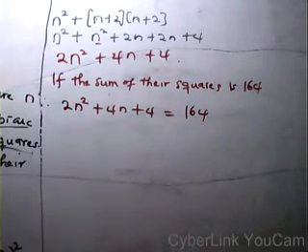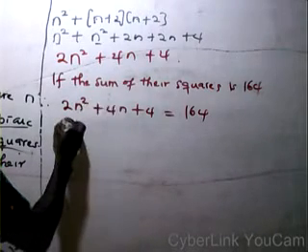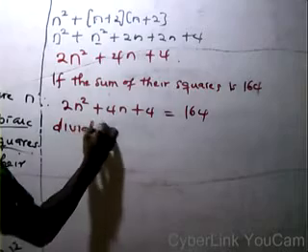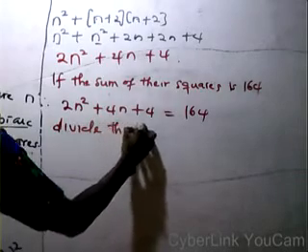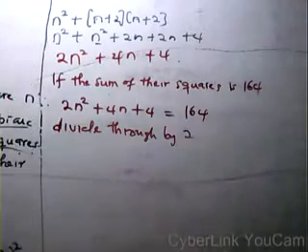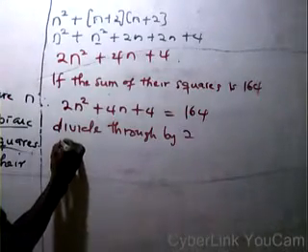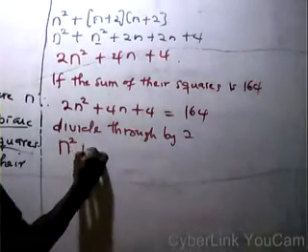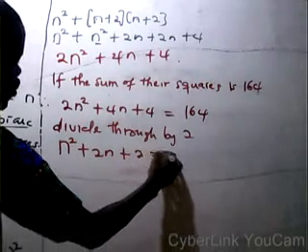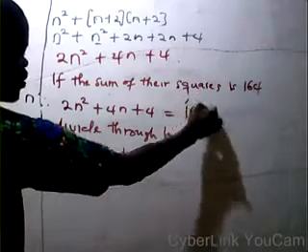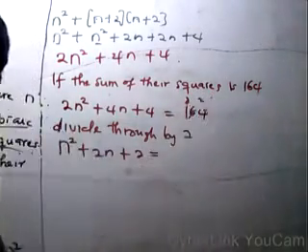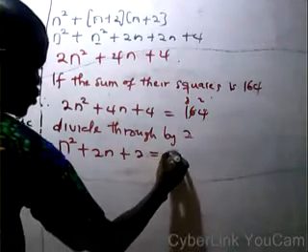So from here, you can divide by 2. When you divide by 2, we have n squared plus 2n plus 2 equals 82.